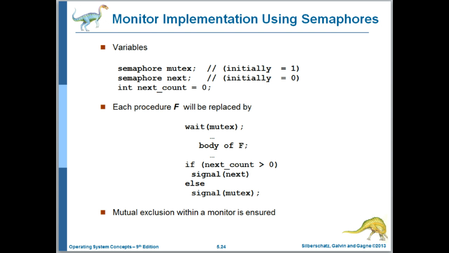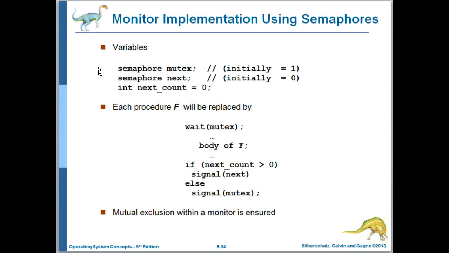So let's look briefly at how monitors are implemented using semaphores. And again, remember that it's the compiler that takes care of this for us. We don't have to do it ourselves explicitly. In addition to whatever class variables exist, the compiler will add these variables for global control.